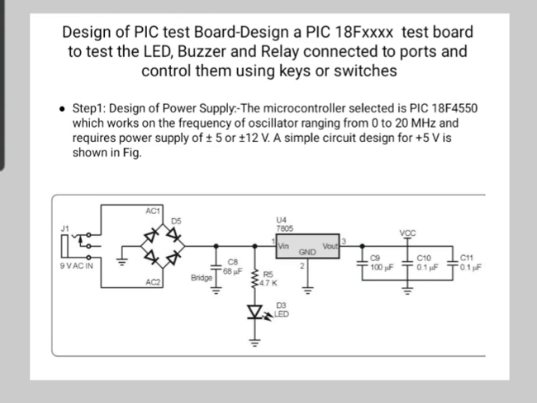So consider an example. A relay is used to control the ceiling fan at our home. The ceiling fan may run at 230 volt AC and draws a current of maximum 4 ampere. Therefore, the power required is 4 times 230, that is 920 watt. Of course, we can control AC, light, fan, etc. depending on the relay, and it can be used to control the DC motor in robotics.